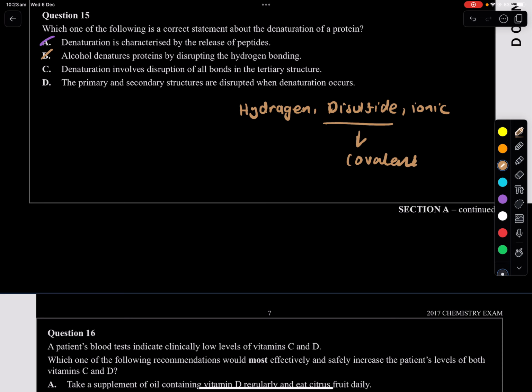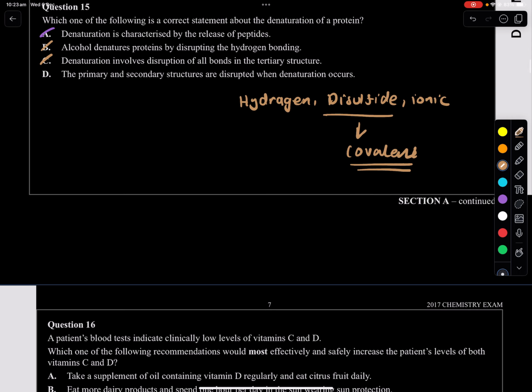If disulfide is covalent, and we know denaturation is the breaking down of intermolecular forces, like hydrogen bonding, hence we cannot say that. So that's wrong. Not all bonds are disrupted. That's very important to understand. I hope that makes sense.